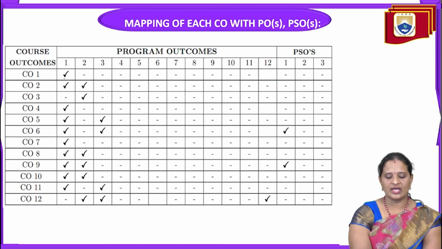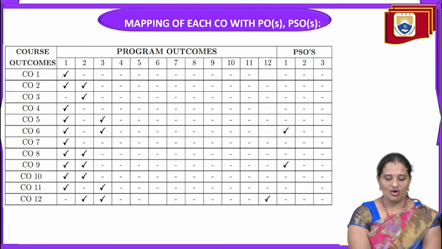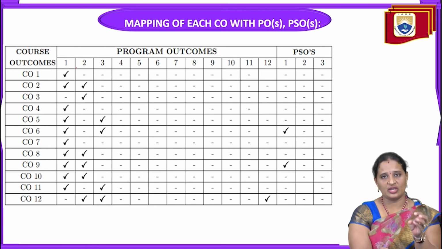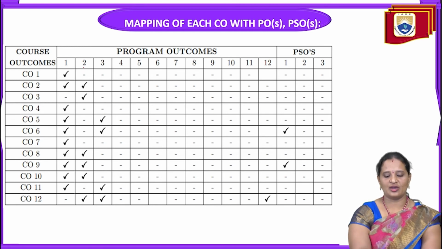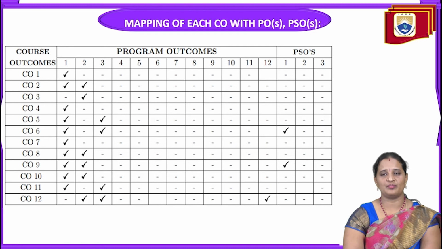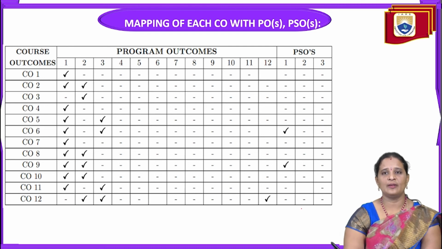So, as we all know, PO1 is related to the basic knowledge and skills of mathematical principles and science, right? So, CO1 is also understand level. It is also recalling the basic concept. So, we can map it to the PO1. And it cannot be mapped to any other POs. And like that, we will be mapping all the COs to the POs here.